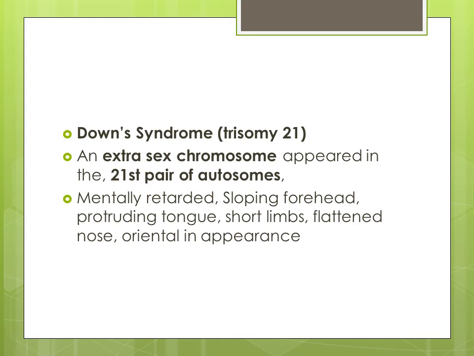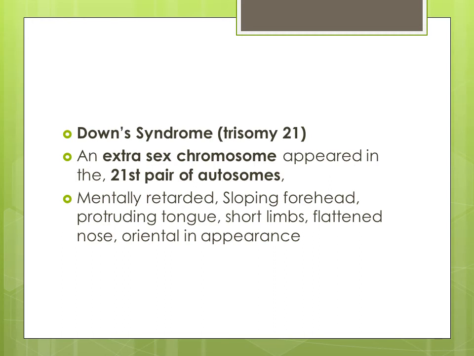A child suffering from Down syndrome can be physically seen because it's very evident. Because of this extra chromosome on the 21st pair, their appearance is different from the others.